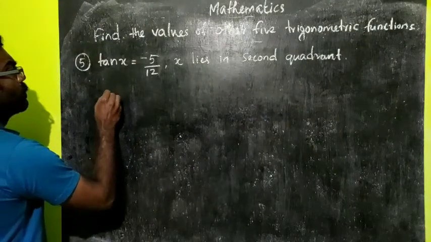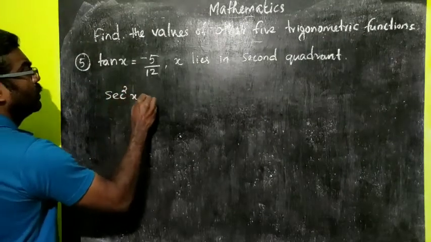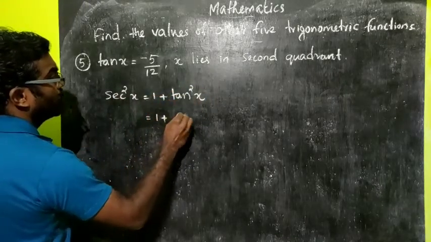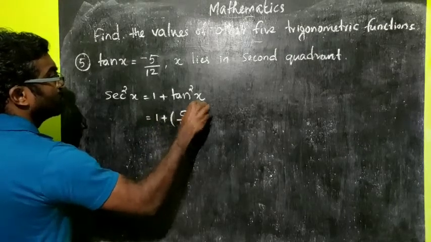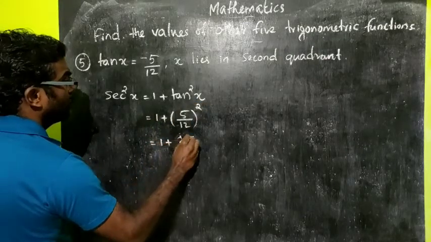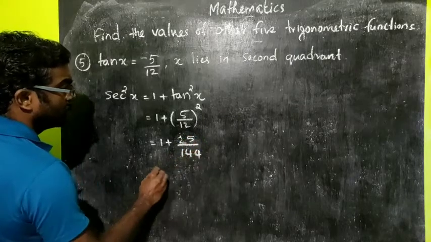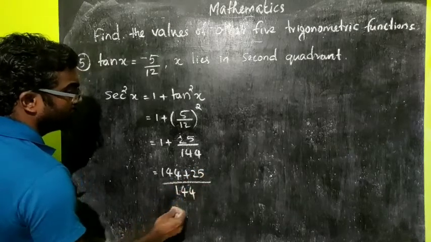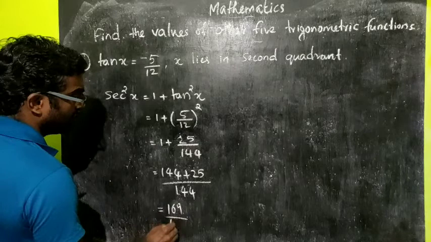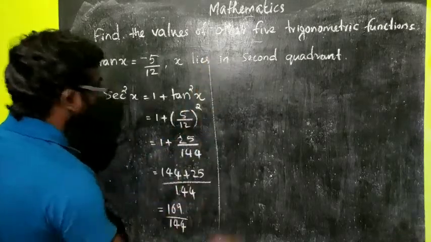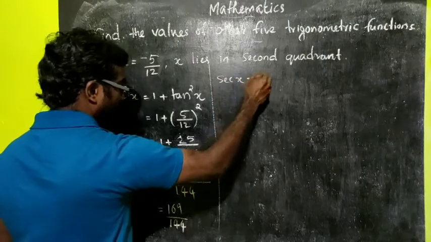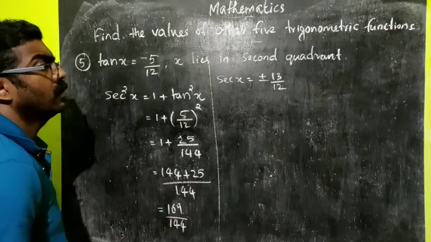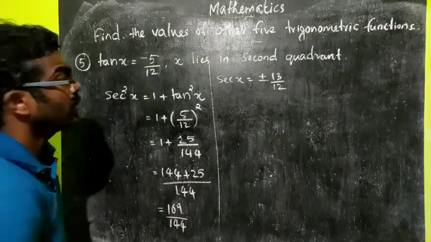So here sec square x is equal to 1 plus tan square x, which is equal to 1 plus 5 by 12 the whole square, that will be equal to 1 plus 25 by 144, that is 144 plus 25 divided by 144, 169 divided by 144, or sec x is equal to plus or minus 13 by 12. Here x lies in the second quadrant, and in the second quadrant sec x is negative.